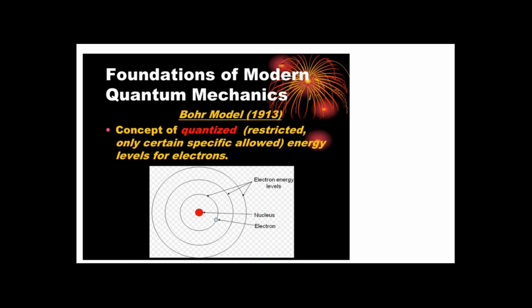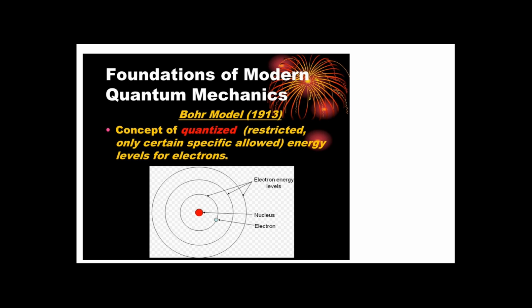So the foundation of modern quantum mechanics was laid by Bohr, with the concept of quantized orbitals, which means that only certain specific energy levels are allowed. Each of these orbits will have a specific amount of energy, and there's no intermediate energy level.